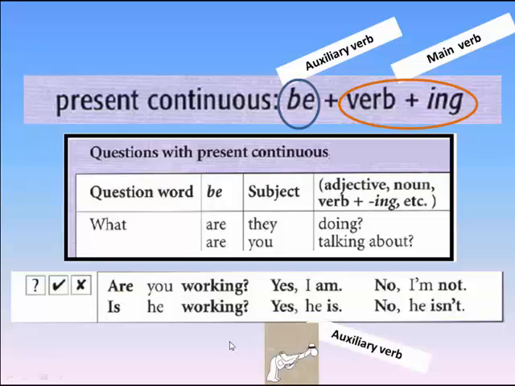These are the short answers. And in the short answers, the only verb that works is the auxiliary verb. The main verb is not here. It disappears. This is the minimum we can answer. We cannot say, are you working? Yes. Is he working? No. That does not sound right in English.